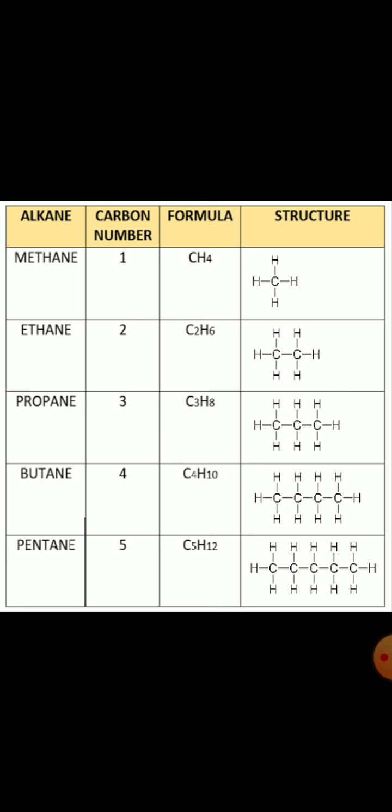Now, you will be thinking, why do we need to study homologous series? The compounds in these homologous series have similar chemical characteristics. Here I am using the words similar chemical characteristics. Is it true that they will have the same physical properties?